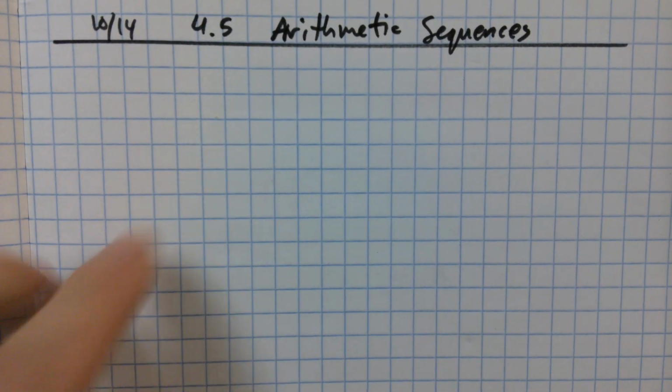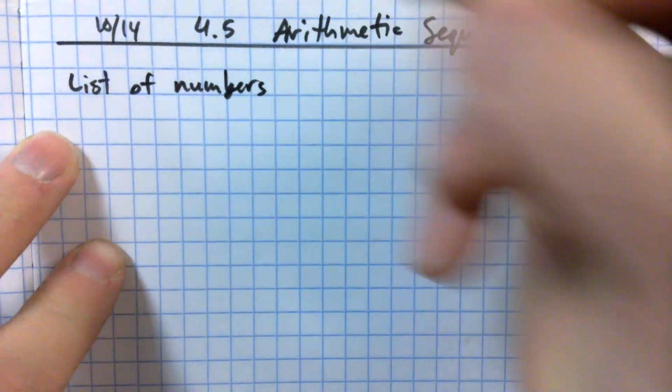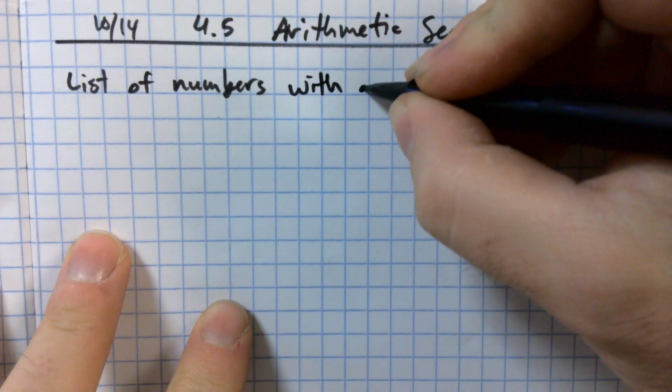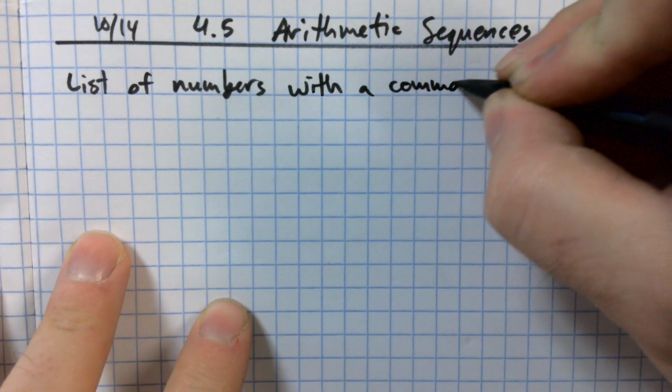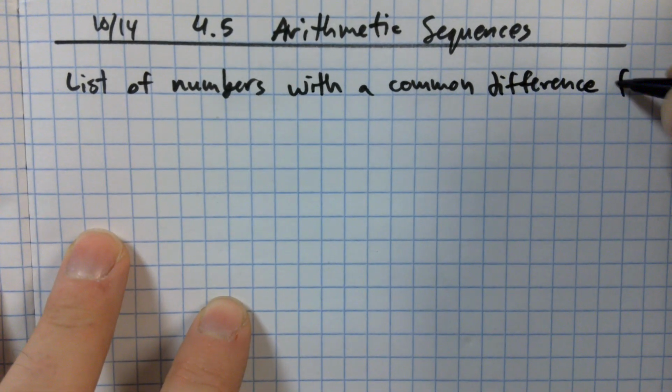But I'm going to refer to it as an arithmetic sequence. Okay? And an arithmetic sequence is a list of numbers with a common difference from one term to the next.